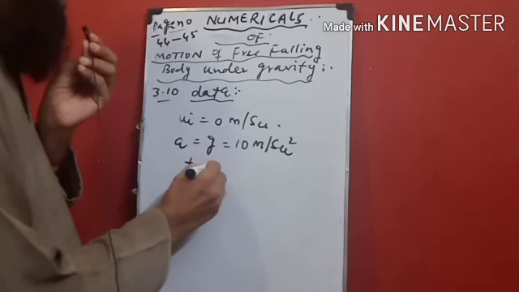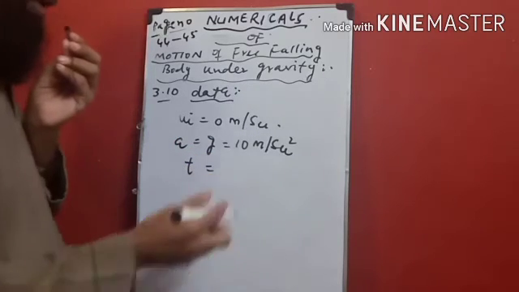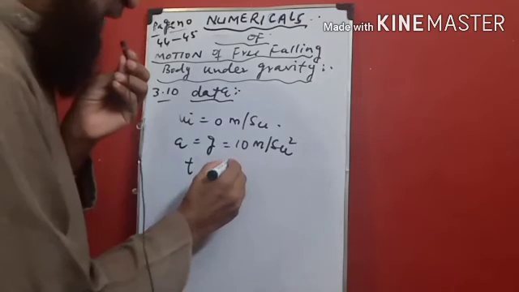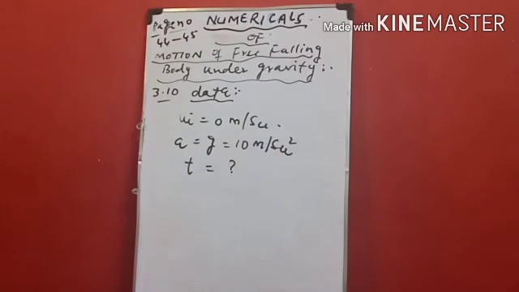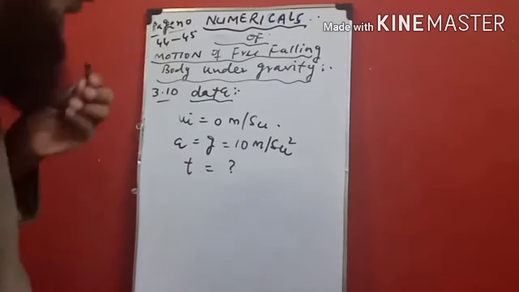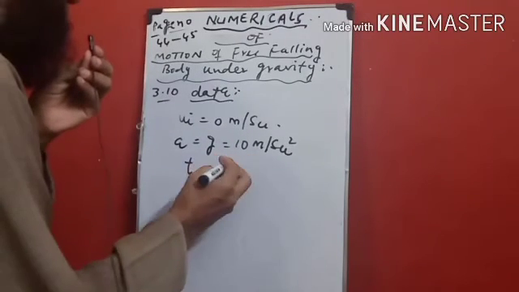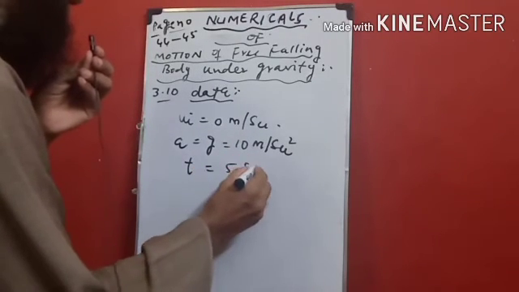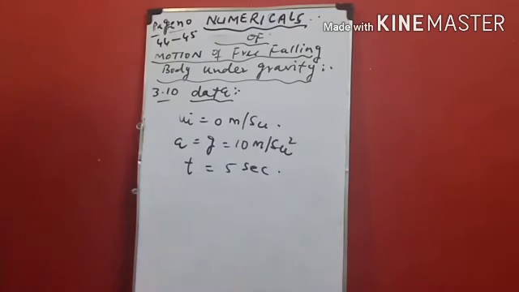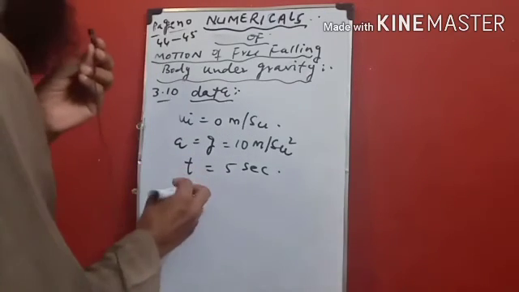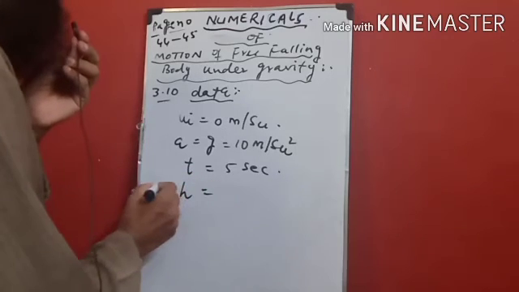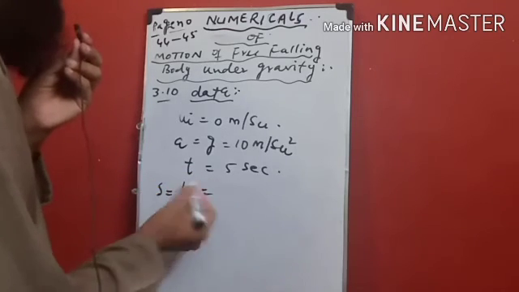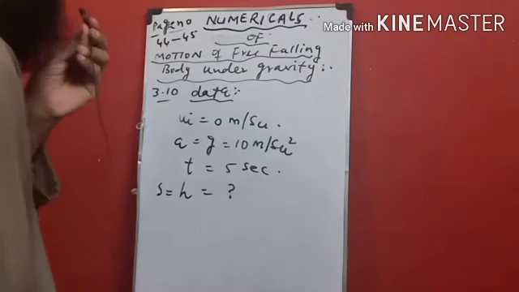And time is 5 seconds, given. And we find the height of the tower. That means S, the distance, is changed into the height.